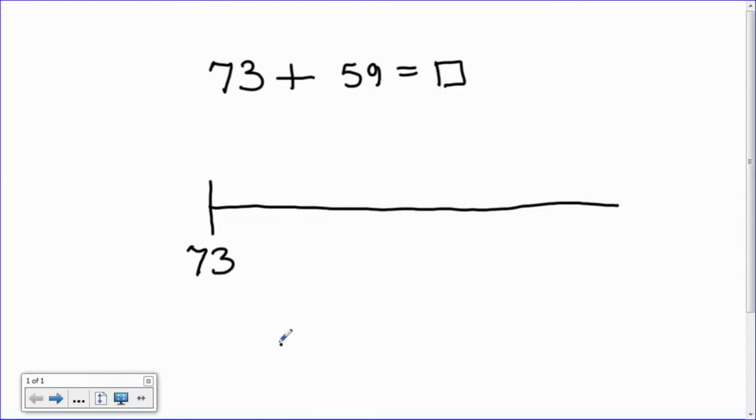Here's where the individuality comes into play. The students may decide they're comfortable taking 10 from the 59, writing that as 49, and adding that 10 to the 73 to jump up to 83. So they've added 10 to 73, got to 83, and now they have 49 more to add on.